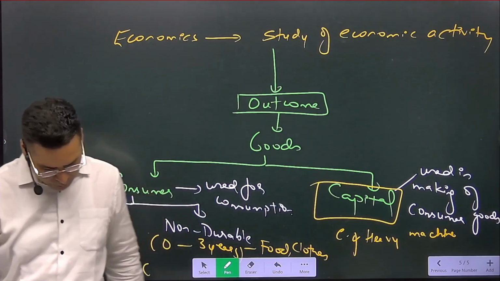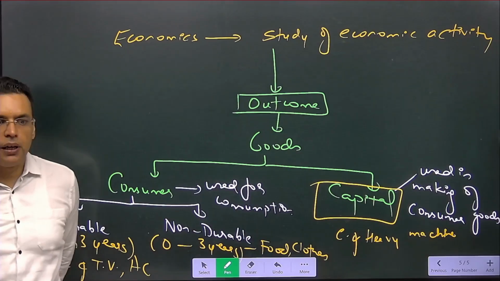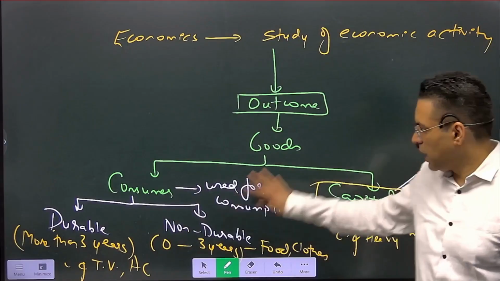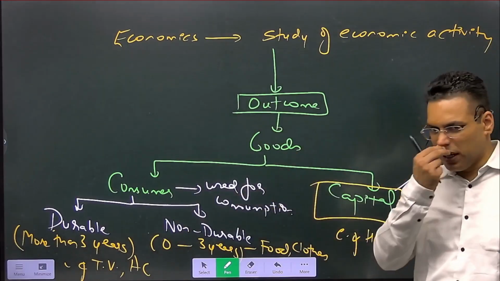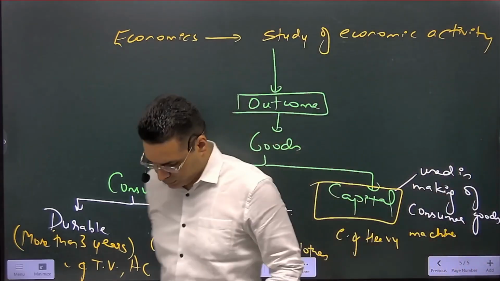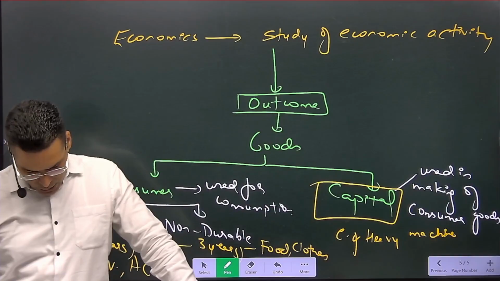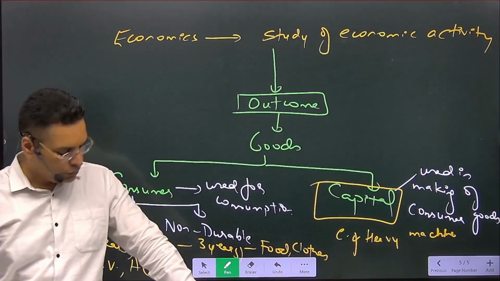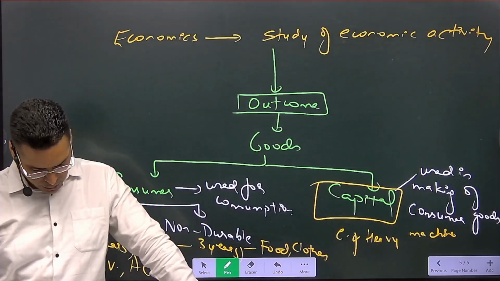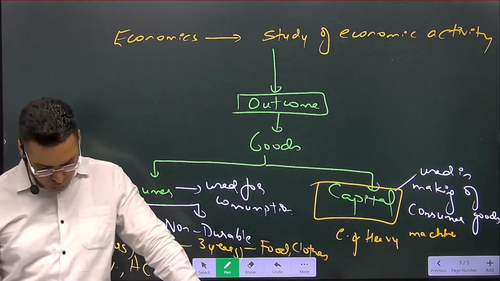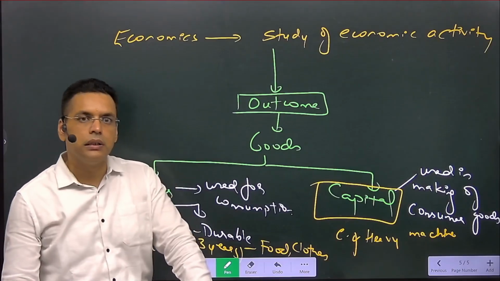Capital goods are used in the production of consumer goods.